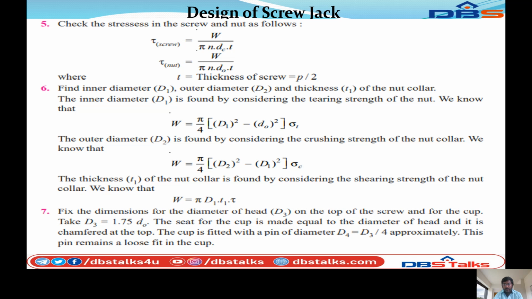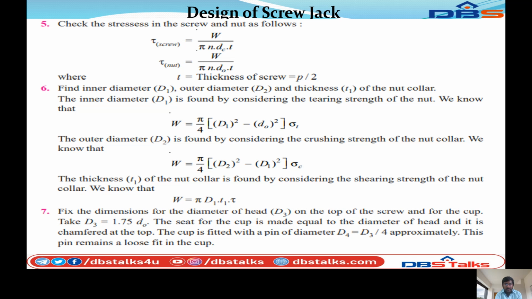We know that W is equal to pi by 4 into D2 square minus D1 square into sigma C. The thickness T1 of the nut collar is found by considering the shearing strength of the nut collar. So we know that W is equal to pi D1 T1 into tau. So this is the sixth step. We can calculate the inner diameter and outer diameter D1 and D2, and finally the thickness in this step.